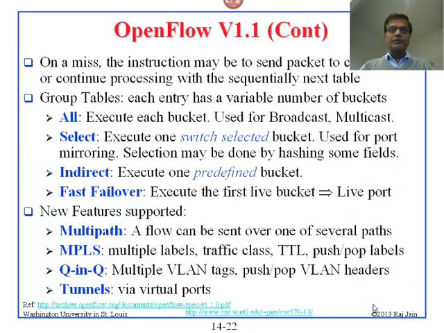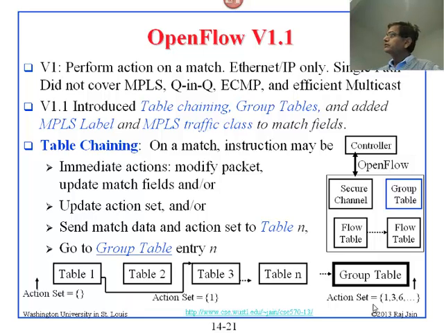Okay, group table. I'm going to come to group table, but basically on a miss, the instruction may be to send the packet to the controller or continue processing with the sequentially next table. So if you went to table 1 and nothing matched, what do you do?